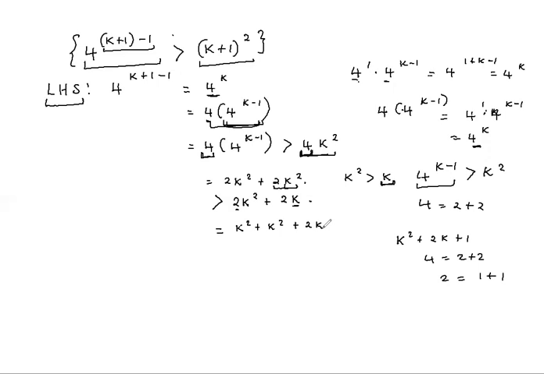So this one becomes greater than, if I remove one of the k squared, then it will be greater than this. But this is what we have as k plus 1 squared, which is the right-hand side. Hence, you're concluding now, you're saying step 4.